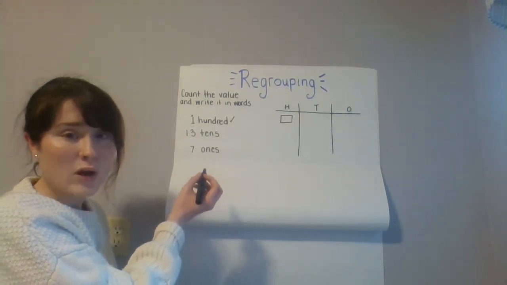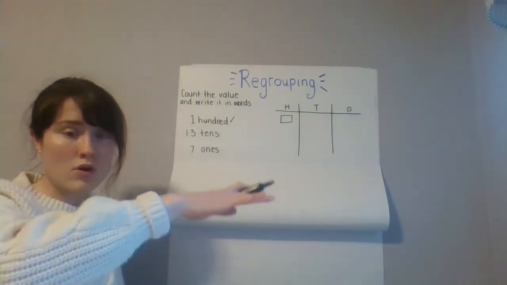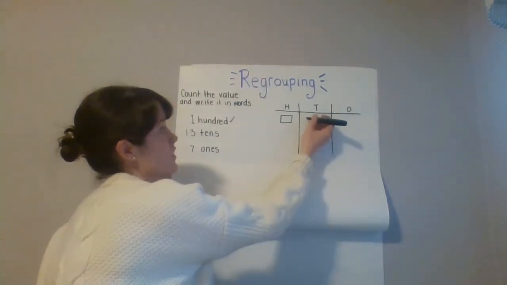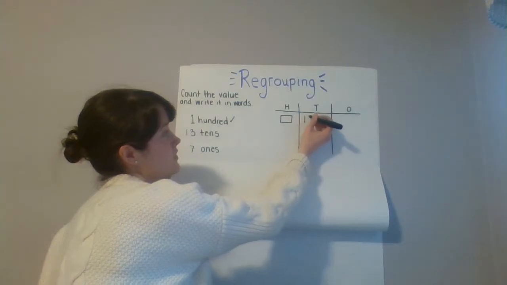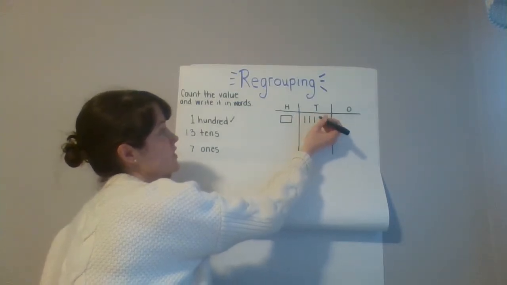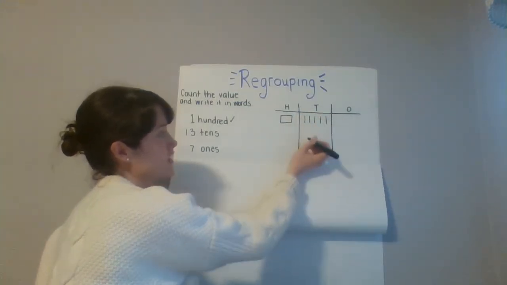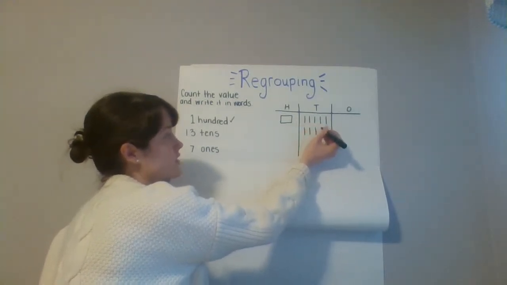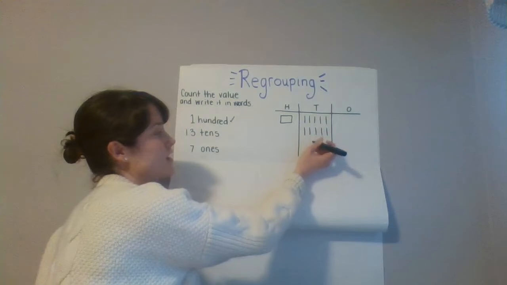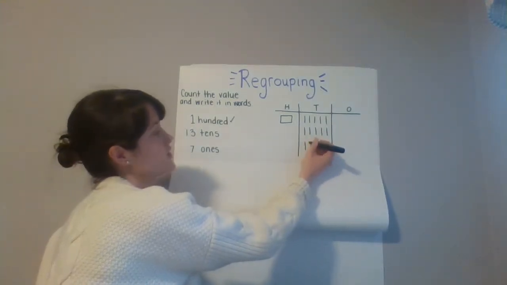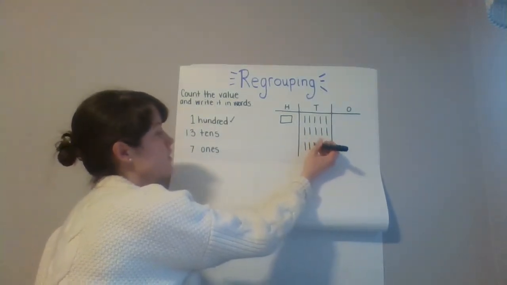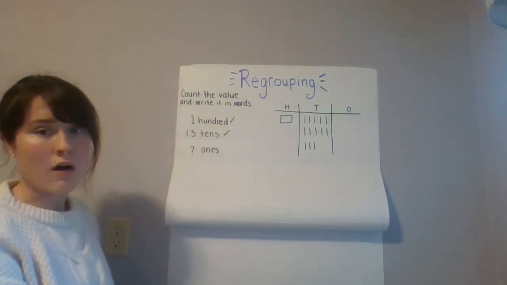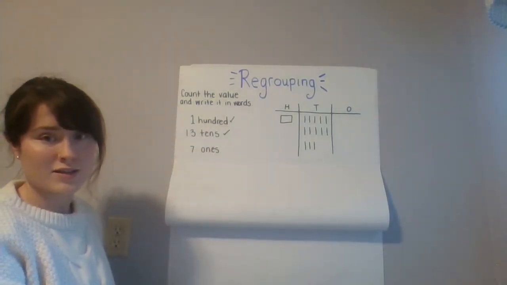I'm going to make sure I organize them in neat rows of 5. 1 ten, 2 tens, 3 tens, 4 tens, 5 tens, 6 tens, 7 tens, 8 tens, 9 tens, 10 tens, 11 tens, 12 tens, 13 tens. Check mark if you showed all 13 10 sticks.